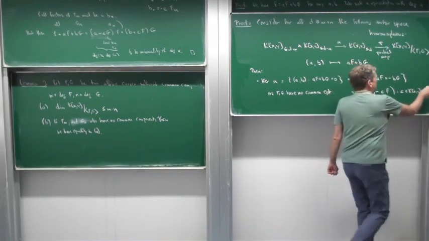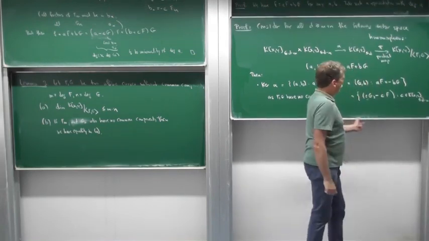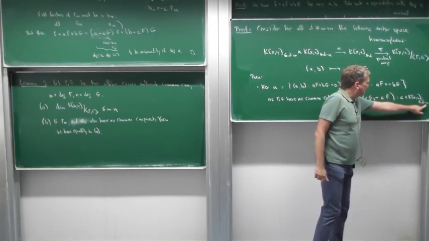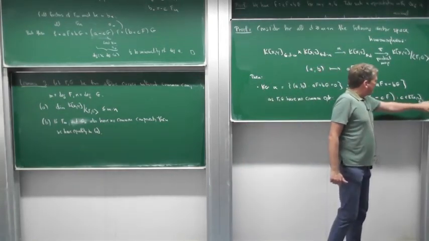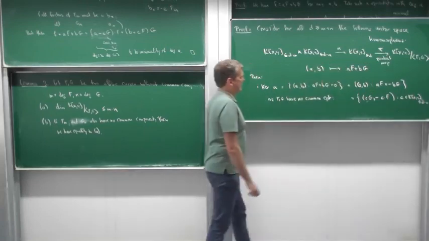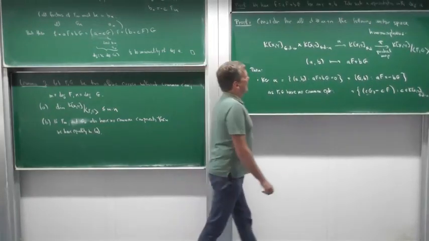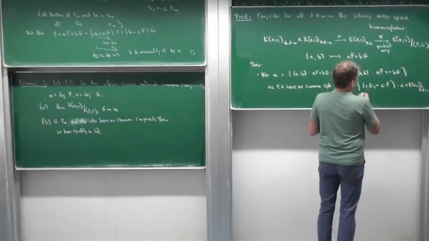Because only then the degree of CG will be at most D minus M, and the degree of CF will be at most D minus N. So that's the thing.